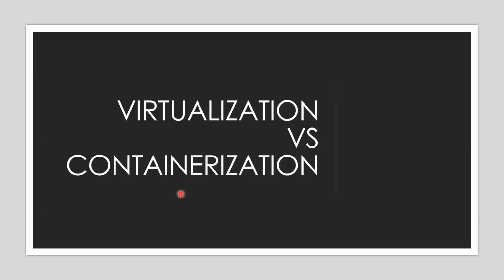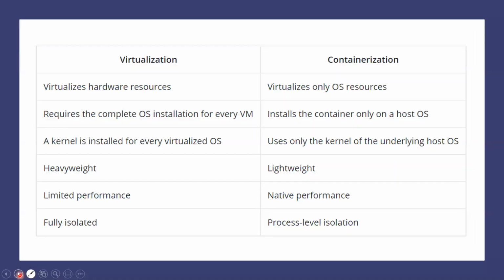Coming to the difference between virtualization and containerization, we already discussed, just briefing out. Virtualization virtualizes hardware resources, whereas containerization virtualizes only OS resources. Virtualization requires a complete installation of an operating system on each VM.